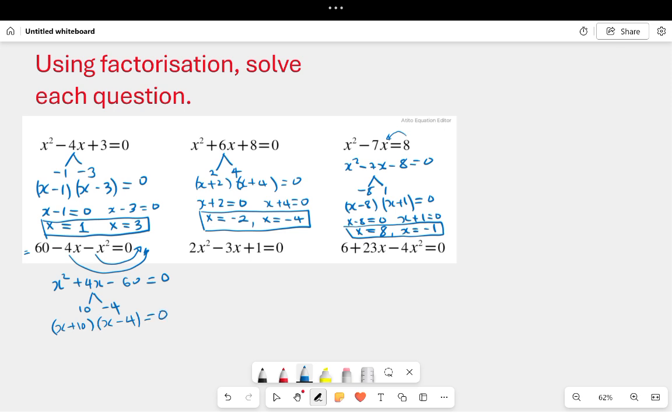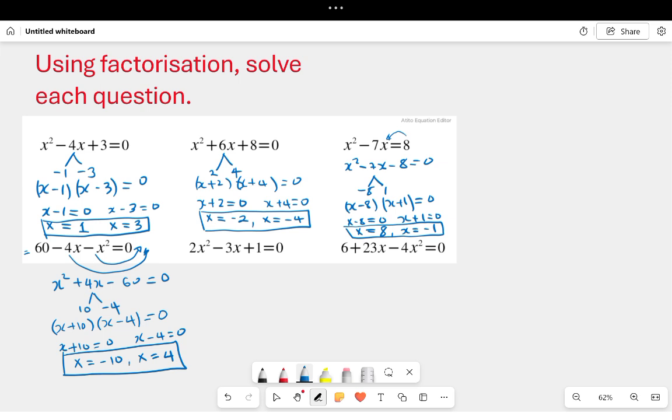Now, the solution for this one is x plus 10 is equal to 0, and therefore my x value is going to be -10. The next one is x minus 4 is equal to 0, and the answer is x equals 4. So those will be the solutions for the quadratic.